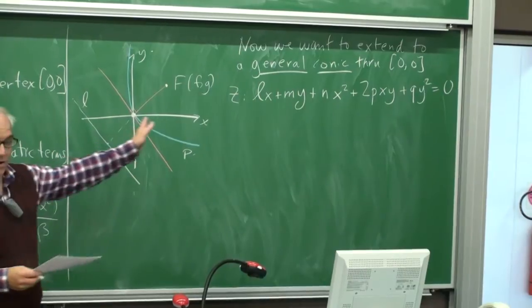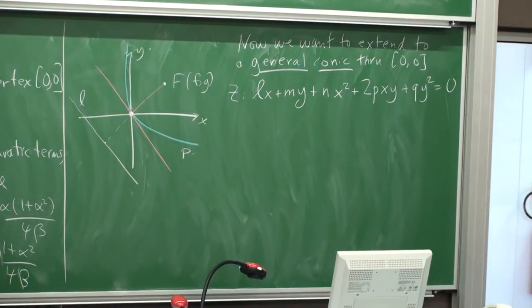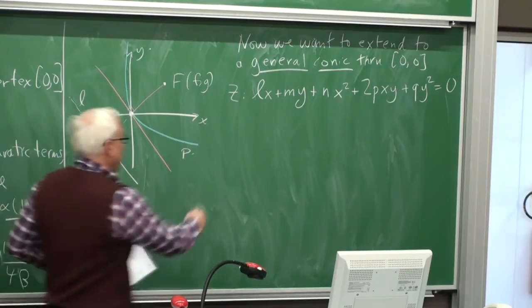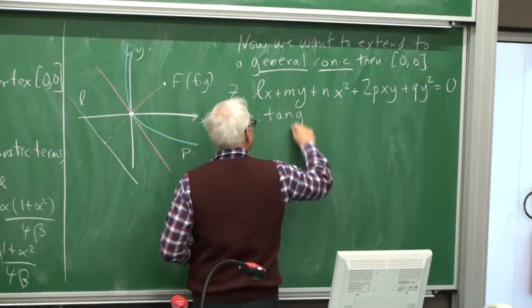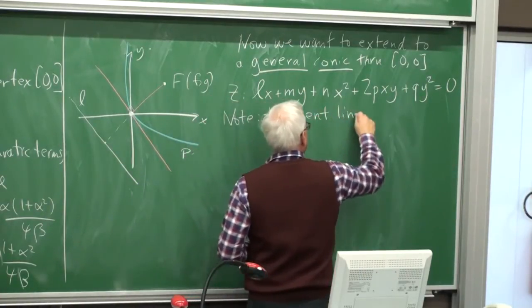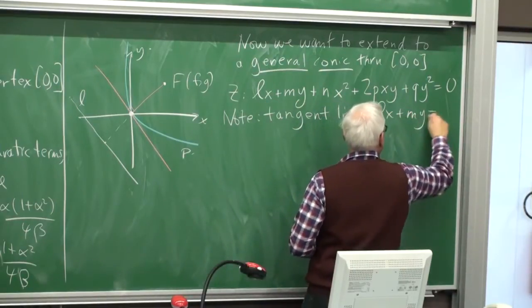Okay, so it just doesn't have a constant term. That guarantees that it goes through the origin. That's a general conic passing through the origin. We'll note that the tangent line is just the linear part, so it's the line Lx plus my equals 0.